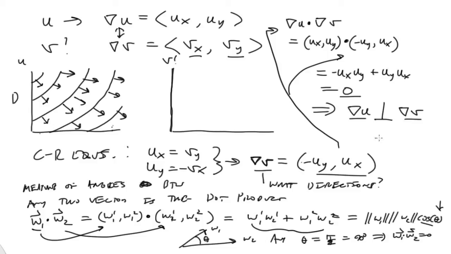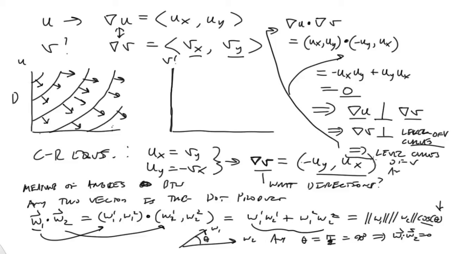All right. And we can also imply, because the gradient field of v is perpendicular to its level curves, that the level curves of v are, I'm sorry, I'm running out of space here, parallel to the gradient of u. All right, so let's see if we can understand this a little bit.